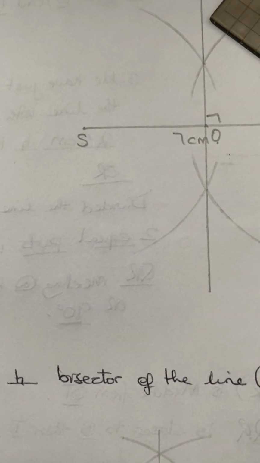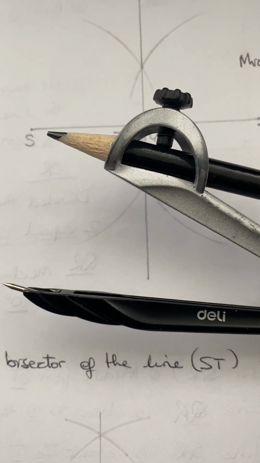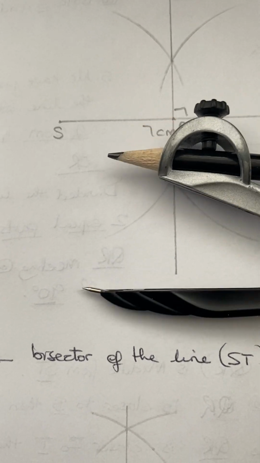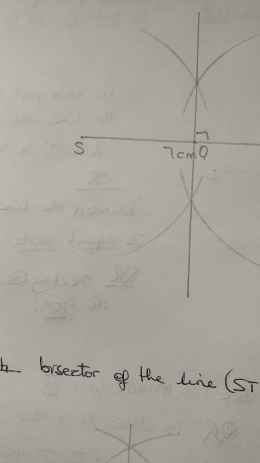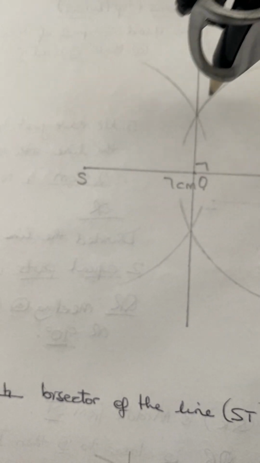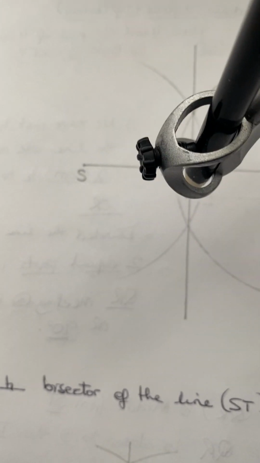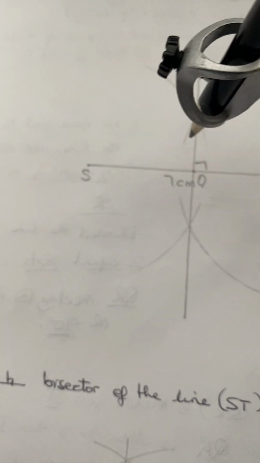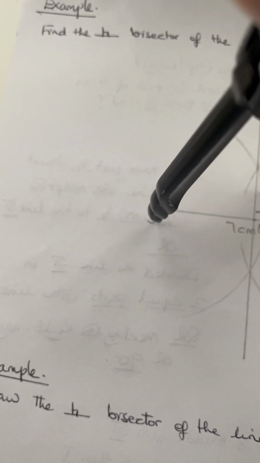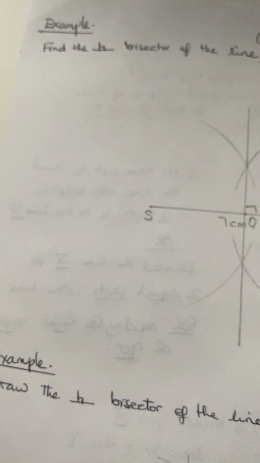Then you open your compass to a reasonable size. I use 4 centimeters because I didn't want to be changing it. You draw an arc there, one there, and another one down here. Then you go to this point again, and draw an arc there and another one below.